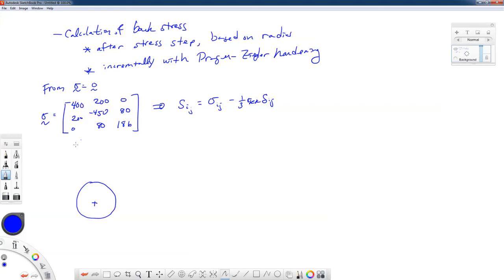We're going to express this as a vector, and I've been writing it going across each row in this manner. There are different ways to order this, but I've been writing it in this manner, and the accompanying deviatoric stress vector as well.